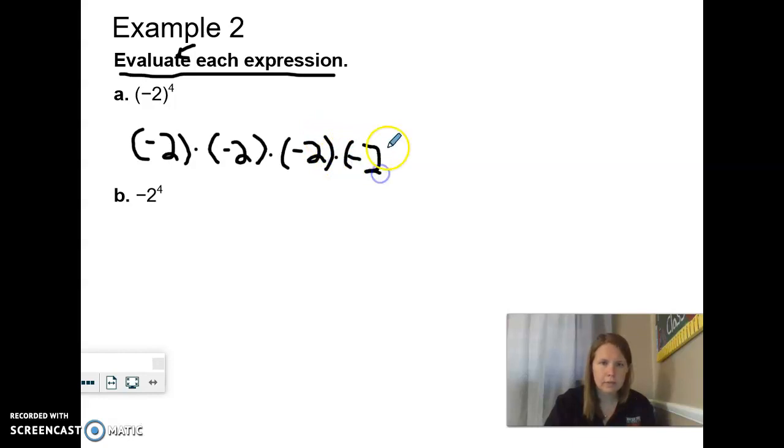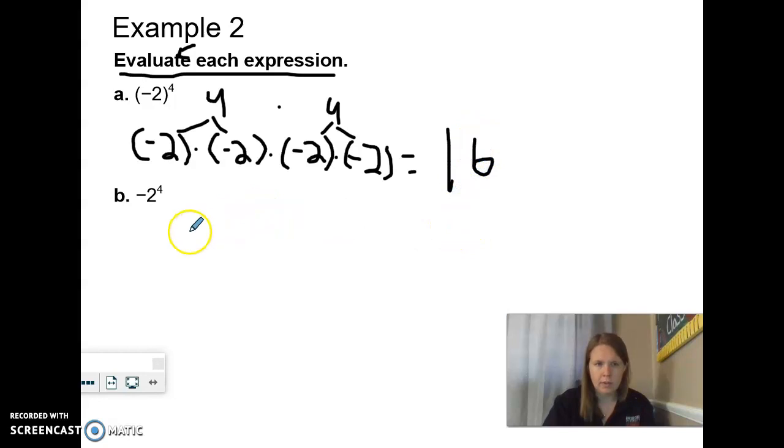This is what negative 2 to the fourth means. Think about your integer rules. A negative 2 times a negative 2 makes a positive 4. I did the same thing over here. A negative times a negative makes a positive 4. And 4 times 4 then is going to give me an answer of 16.